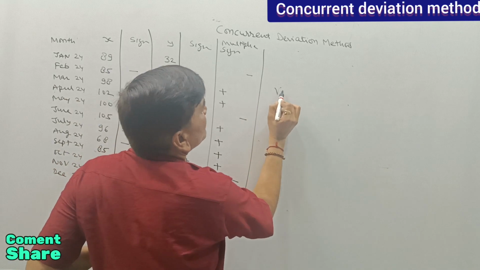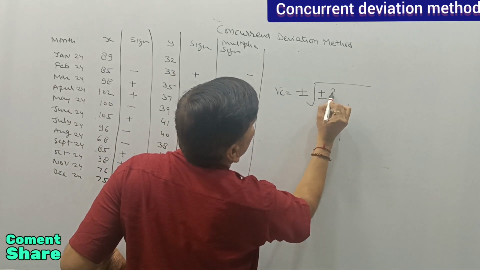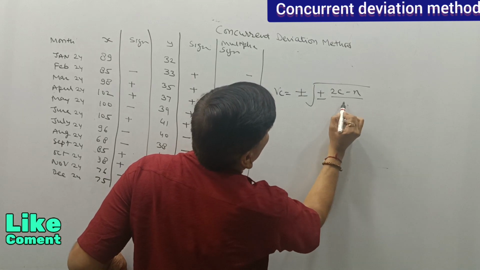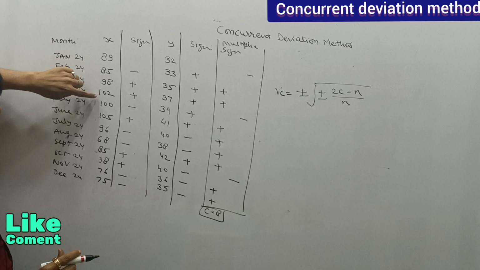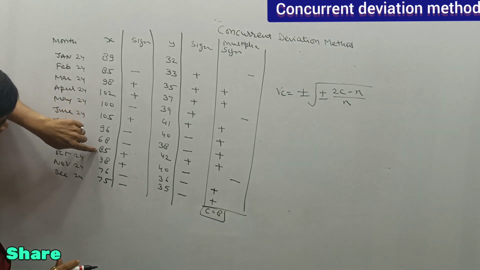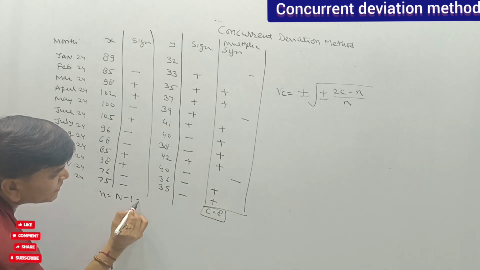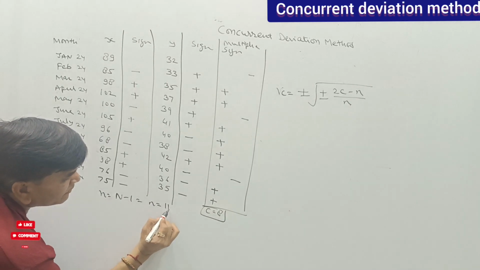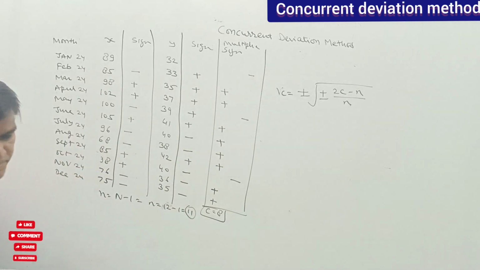The formula is plus and minus under root plus and minus (2c minus n) upon n. The number of items is 1, 2, 3, up to 12. So n is equal to capital N minus 1, that is 12 minus 1, which is 11.